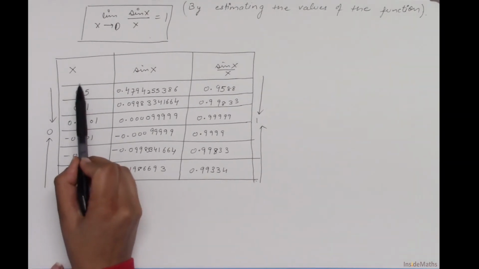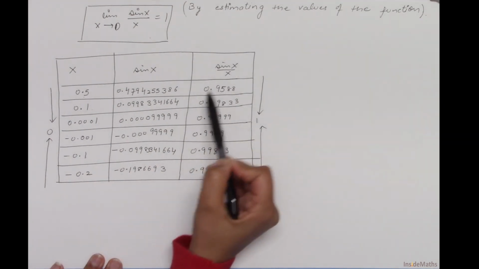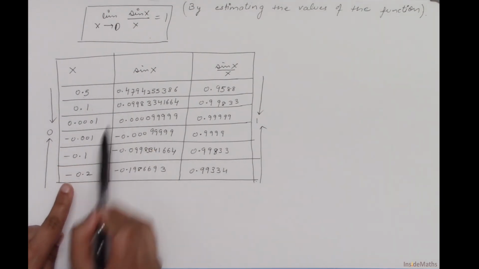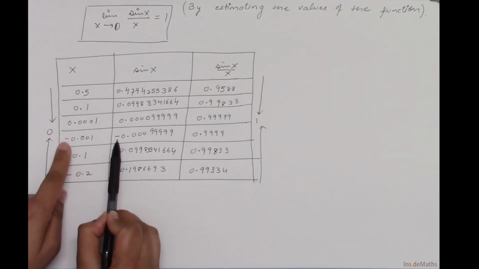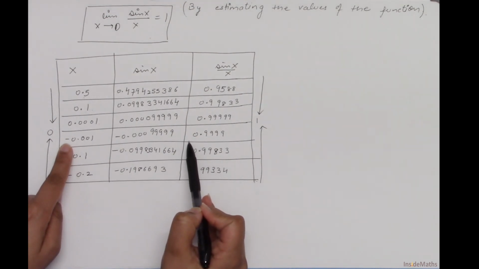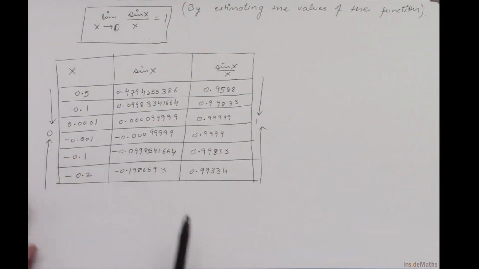Now, when the value of x and sin x both are positive, sin x over x is also positive. When the value of x and sin x both are negative, then also sin x over x is positive, as the negative signs are cancelled.